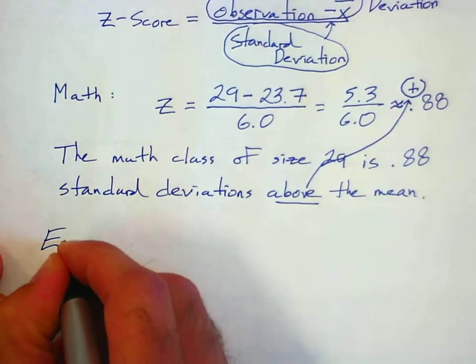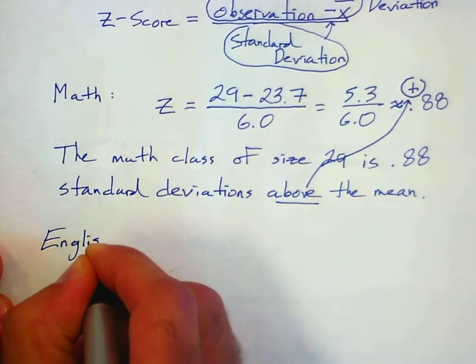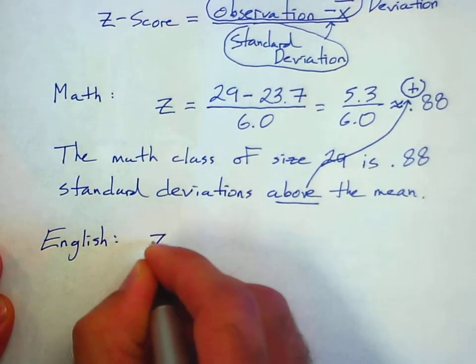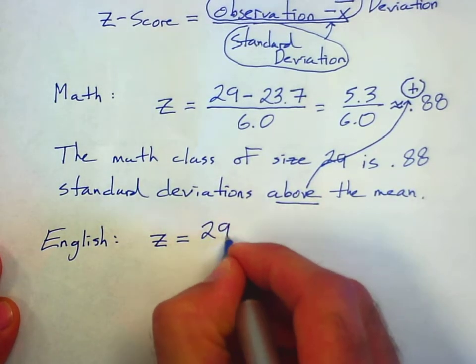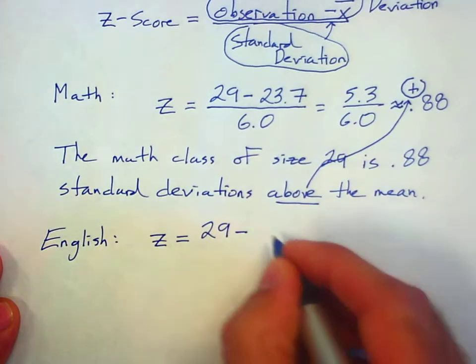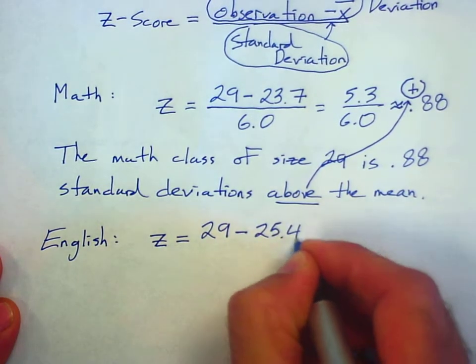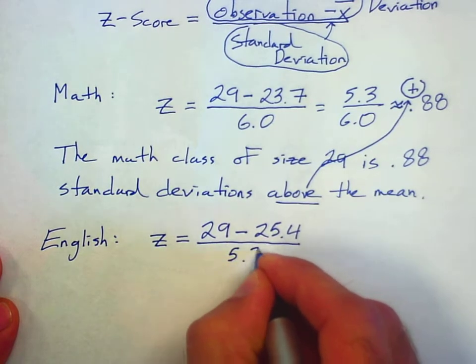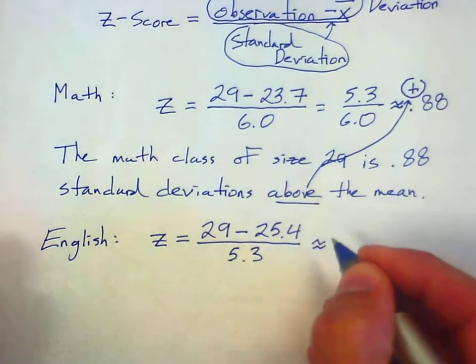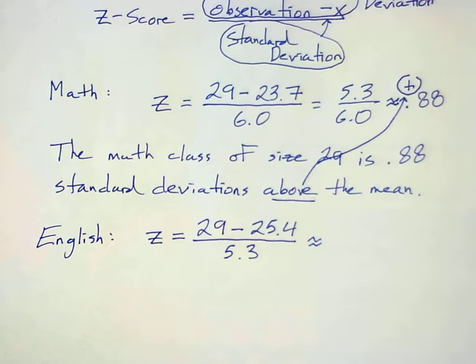For that English class, notice that the English class of size 29 has a slightly different characteristic. If we take away the English mean of 25.4, and divide by the English standard deviation of 5.3, notice what this tells us. The 29 minus 25.4 is 3.6.